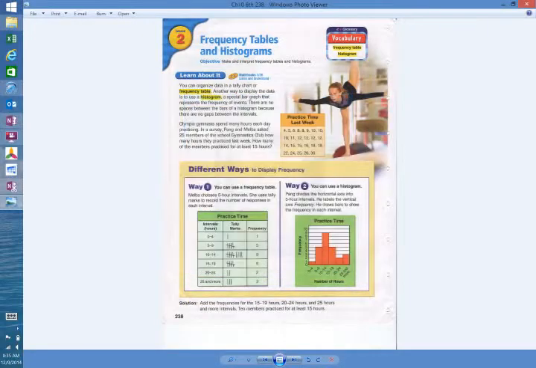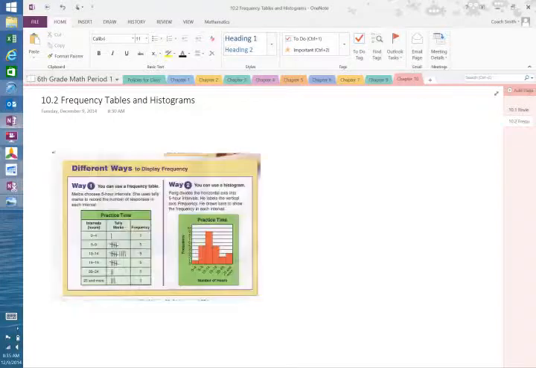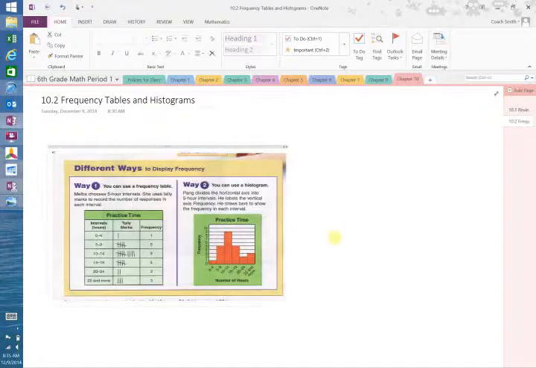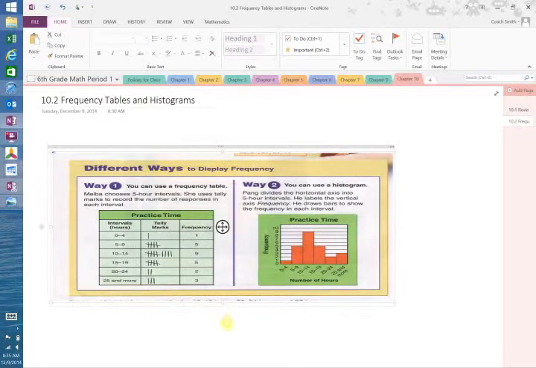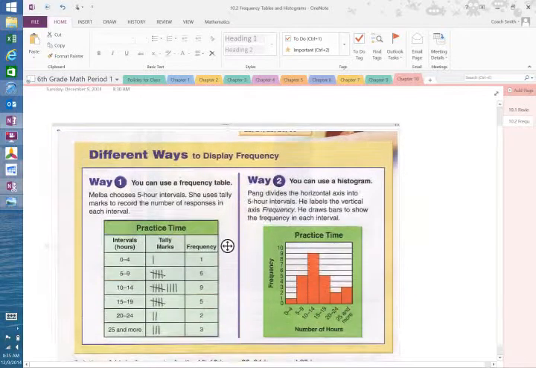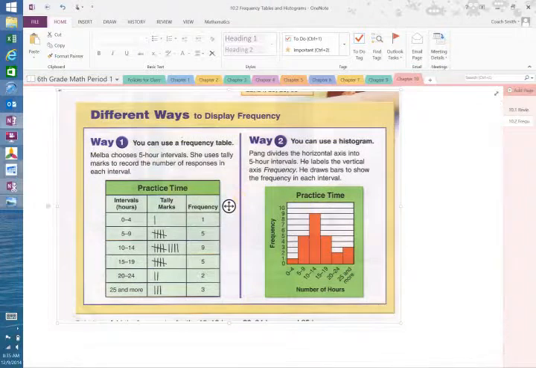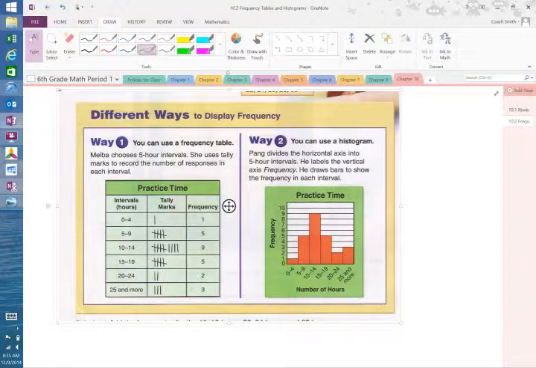I want these two things in my notes, so all right.